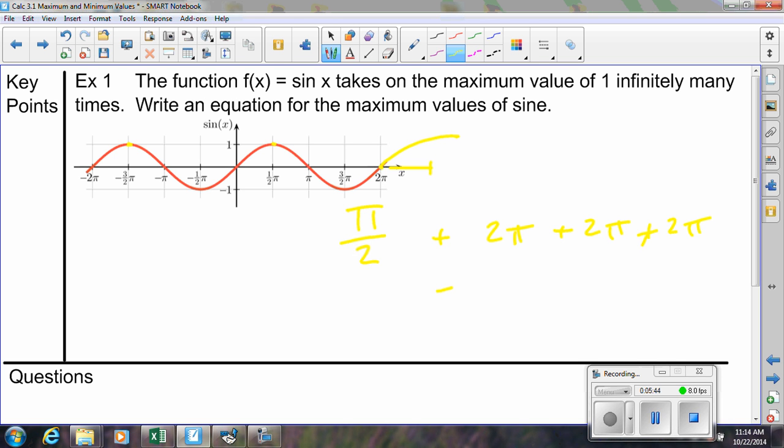And likewise, if we go to the left, pi over 2 subtract 2 pi gets us to negative 3 pi over 2. In general, what we're noting is we reach a maximum of 1 at the x values pi over 2 plus k times 2 pi, where k is any integer.